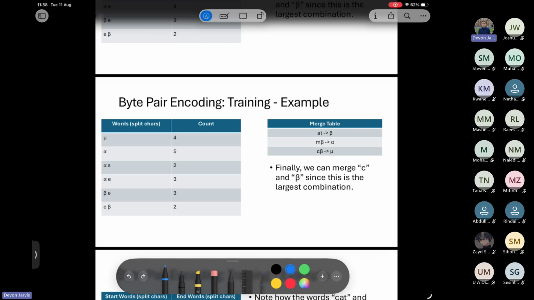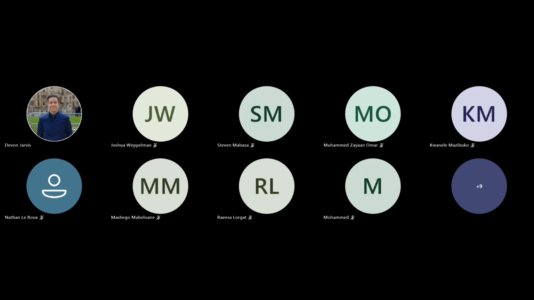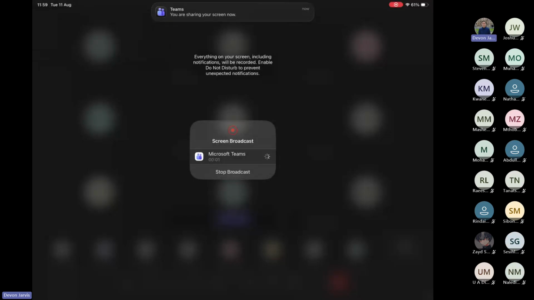Now at least, if I've seen the word cat, I have a symbol that's been tokenized around the word cat.